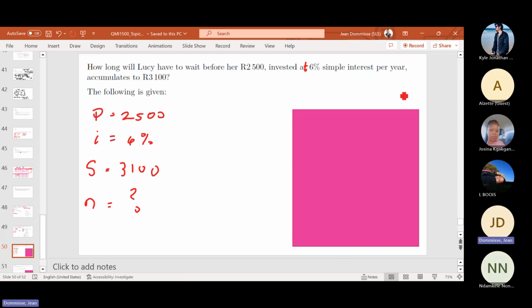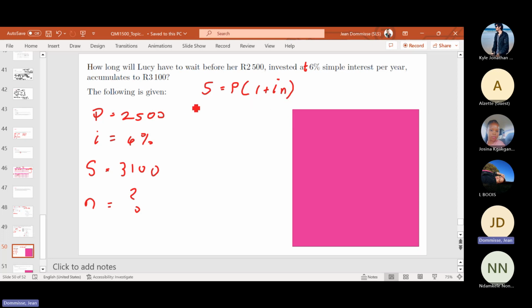Okay, before I open up, let's look at how your formula would have been, and I think that is important. Your future value is equal to your present value times 1 plus interest times n.